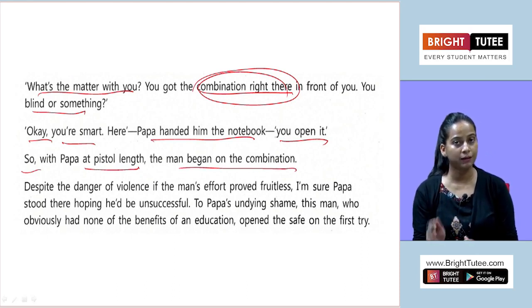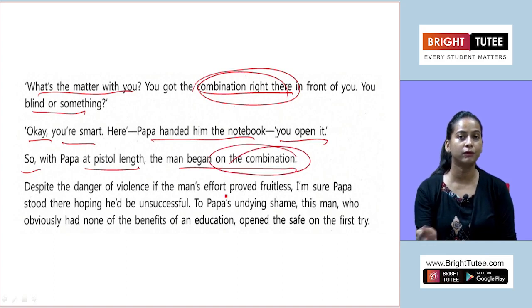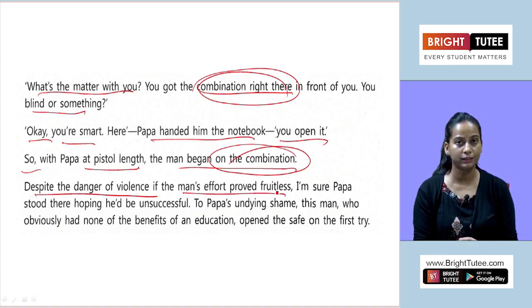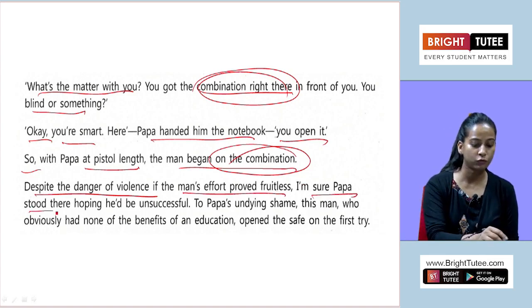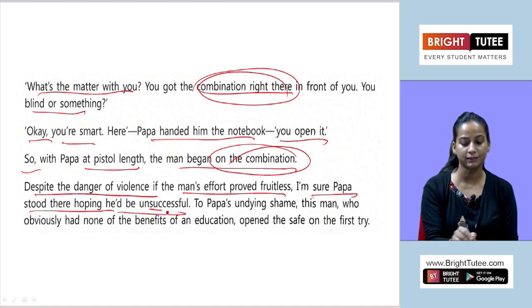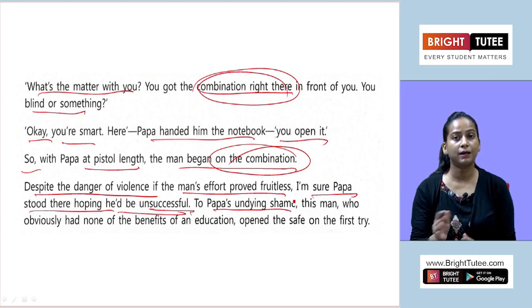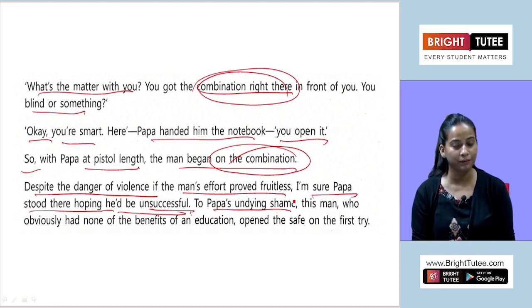Despite the danger of violence, if the man's effort proved fruitless, I am sure Papa stood there hoping he would be unsuccessful. When Papa gave the combination to that man, somewhere he had the idea that this person would not be successful, because he was thinking that if I am not able to open it, how could he?